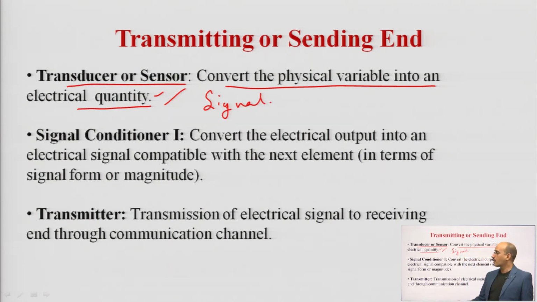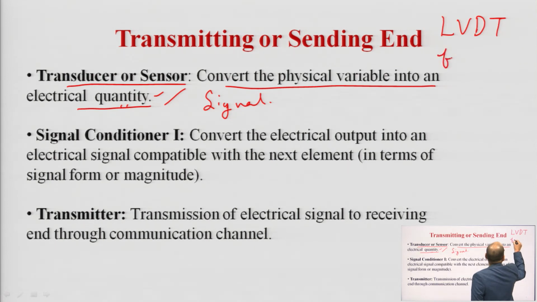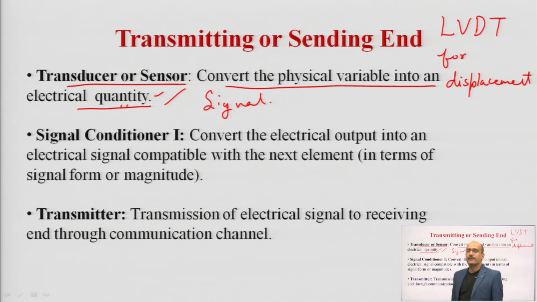Basically the transducer or sensor converts the physical variable into an electrical quantity, and that electrical quantity represents the complete changes in the physical parameter, such as you use an LVDT for displacement. LVDT is a linear variable differential transformer, and that is used for displacement measurement.